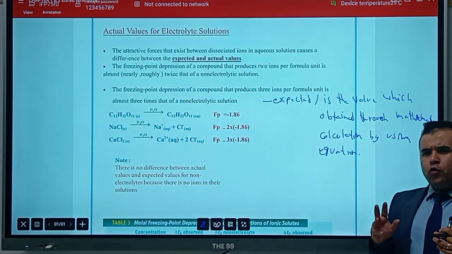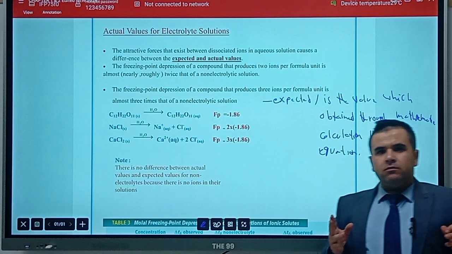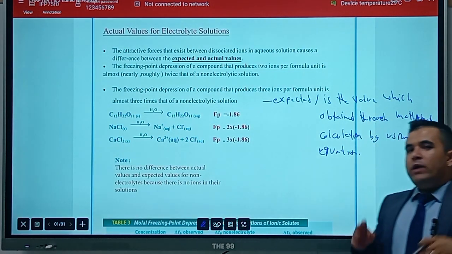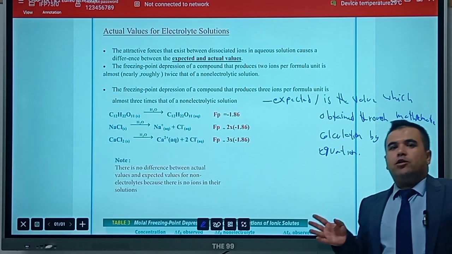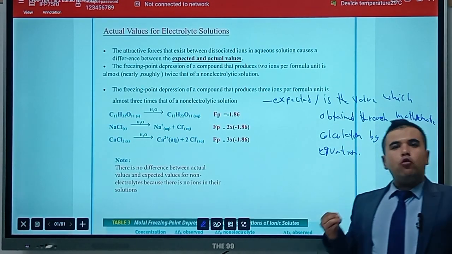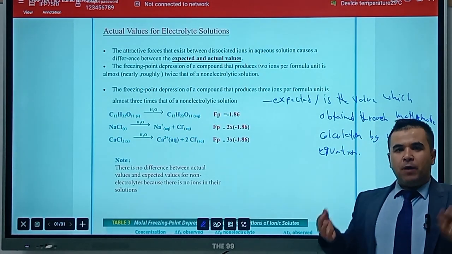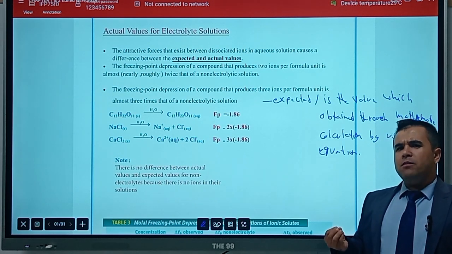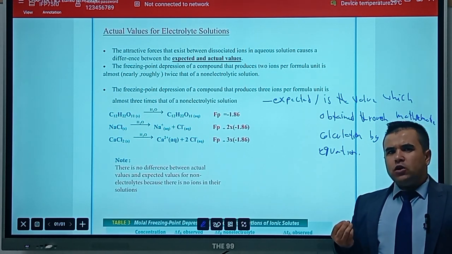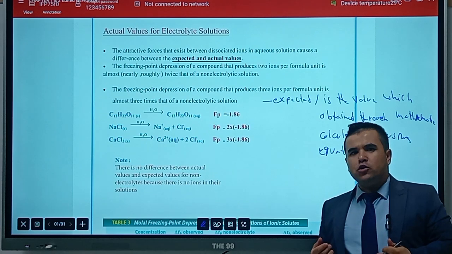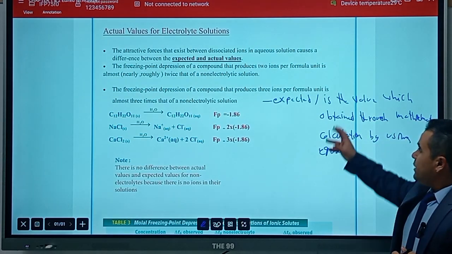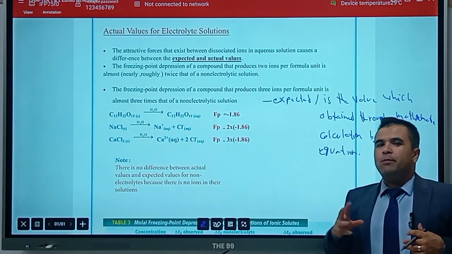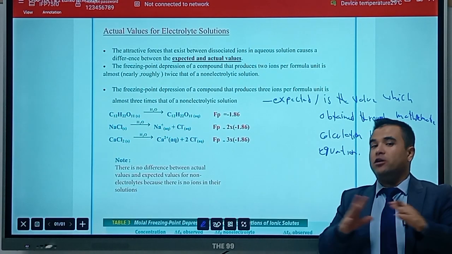What we have done so far is all expected tasks, expected values. We have solved the questions mathematically, without performing any practical experiments, without checking whether the solution has the same actual values of boiling point and freezing point or not. So the expected values are those which we obtain through mathematical calculations, theoretical.